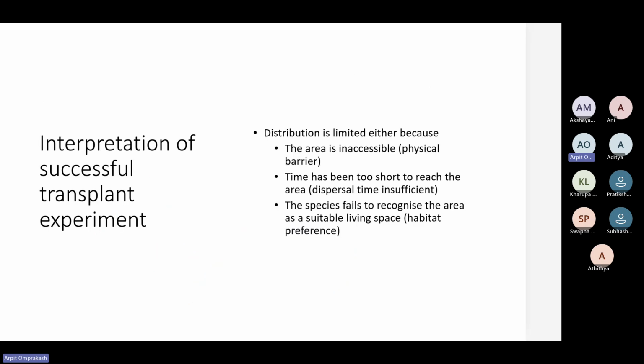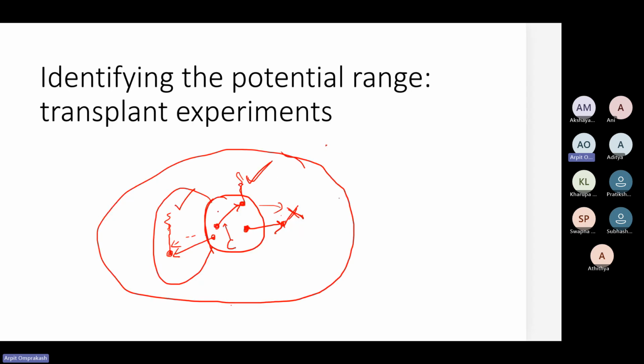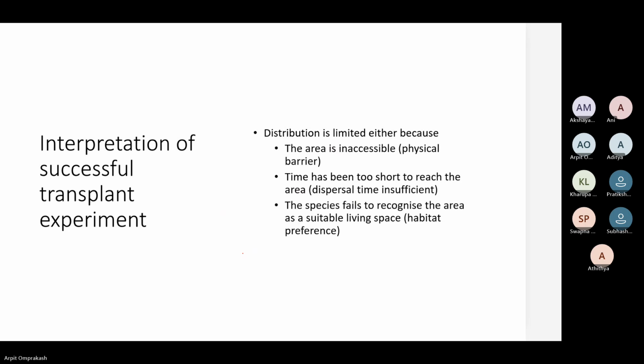If we have a successful transplant, we can interpret that the distribution of the species or the plant is limited either because the area is inaccessible. So maybe while going from here to here, there's a river or some geographical barrier that is preventing the plant from going from here to here, but it can grow here. The other thing is time has been too short to reach the area.